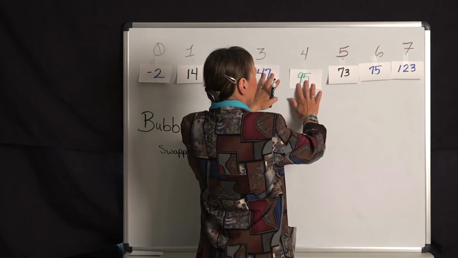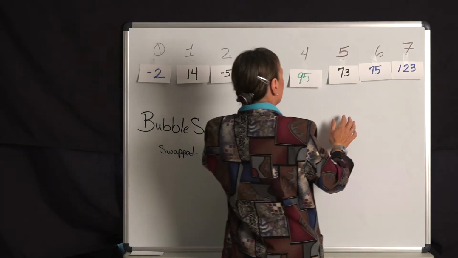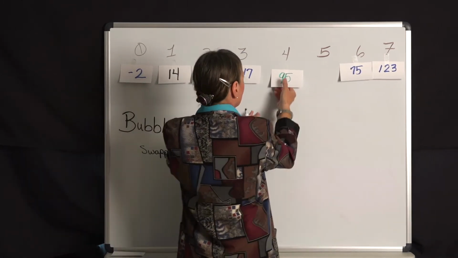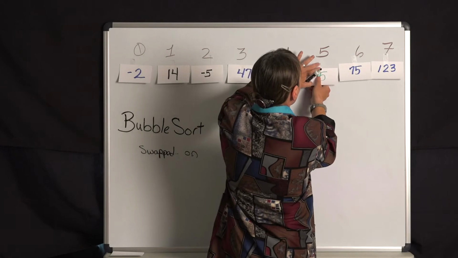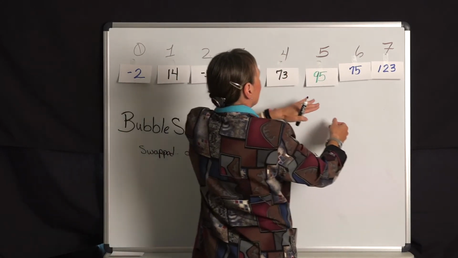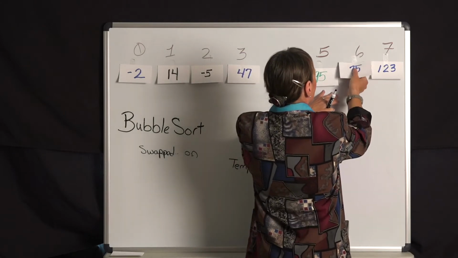And here we're good. Here we're not good, so 73 comes down, 95 moves up, 73 goes up here. Go to these two.